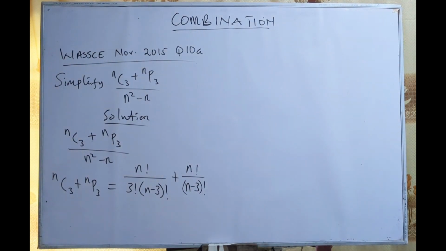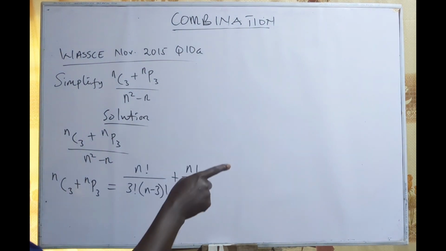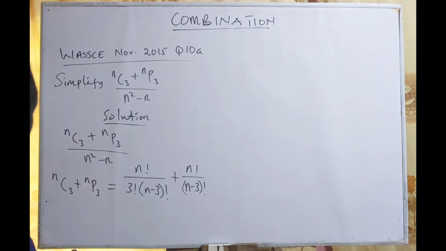So let's try and see if we can cancel out some common factors, because we know n factorial is n times n minus 1 times n minus 2 times n minus 3 and so on.